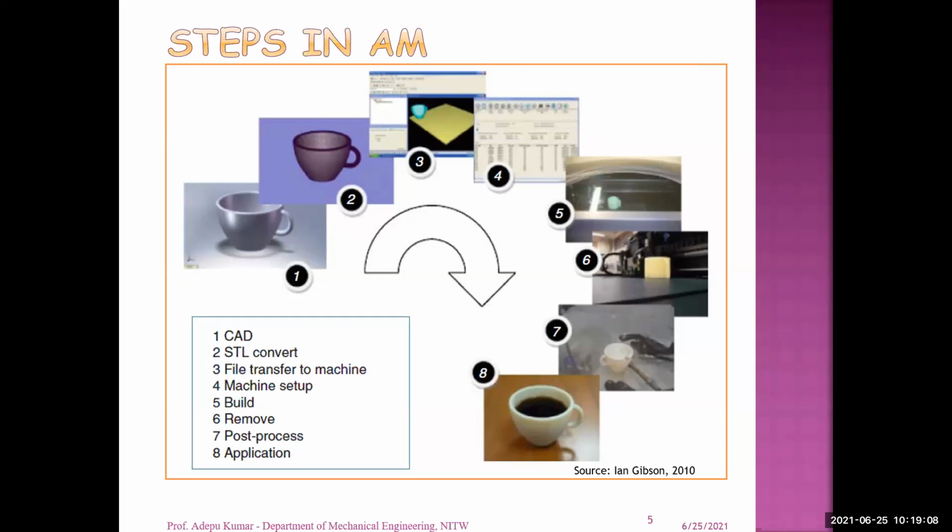Whatever 3D object is generated in the CAD file is converted into slices. Each slice is a 2D object. Strictly speaking, it is 3D, but the thickness of the slice is very, very small compared to other dimensions. That's why we can call it 2D, like thin sheets or plates. A plate is a 2D object, we can say, because the thickness of the plate is very, very small compared to the length and width of the plate.